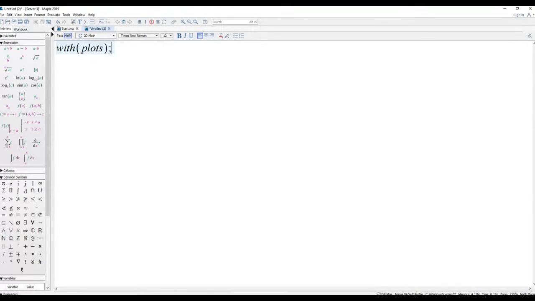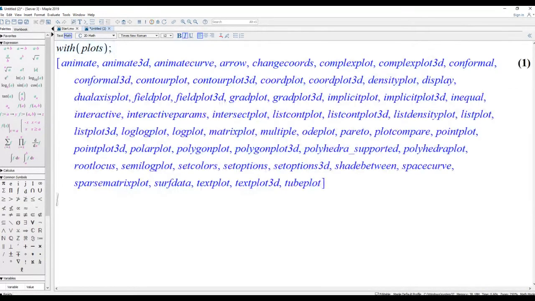It's like called a calling sequence. Okay, and these are all the plots that you can do. So let's have a look at plotting the function that we just looked at.